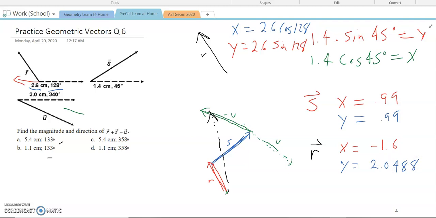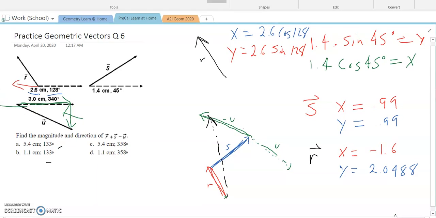The last one, you can do your resultant vectors for u, the vertical and horizontal, and then just make them both negative. Whatever x value you get and whatever y value you get, you'll just do the exact opposite. You'll get the opposite x and the opposite y for this one.